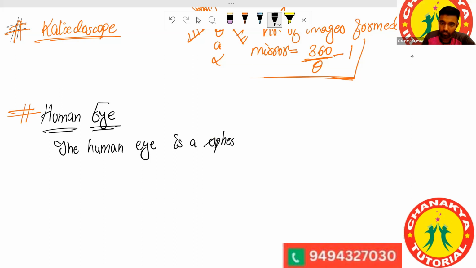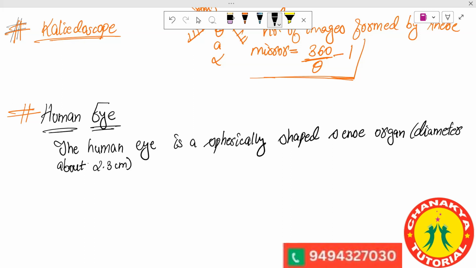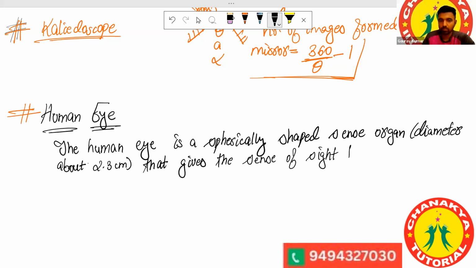spherical shaped sense organ, diameter about 2.3 centimeters, of sight and vision.